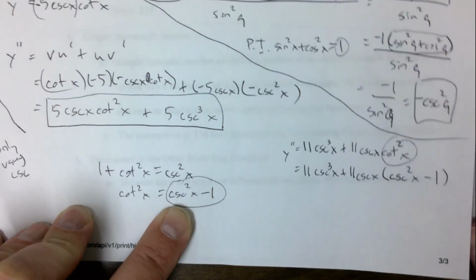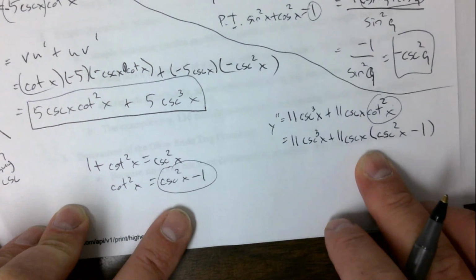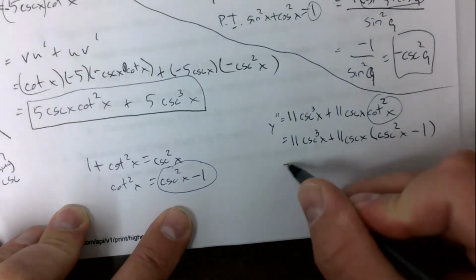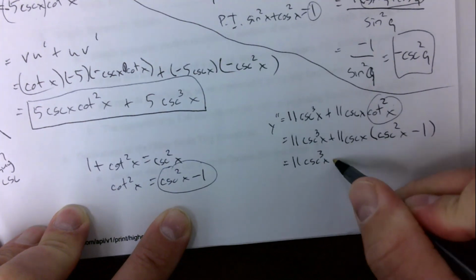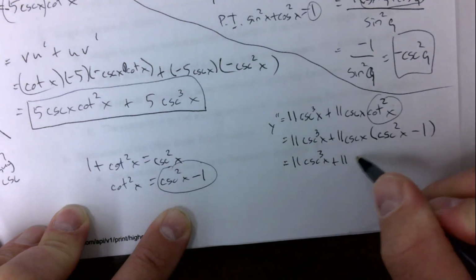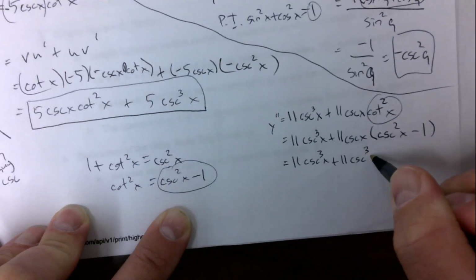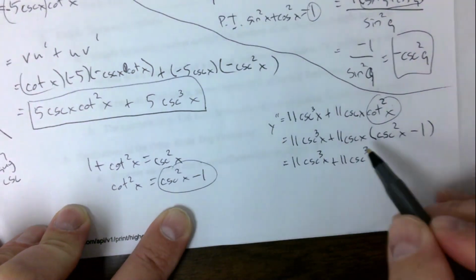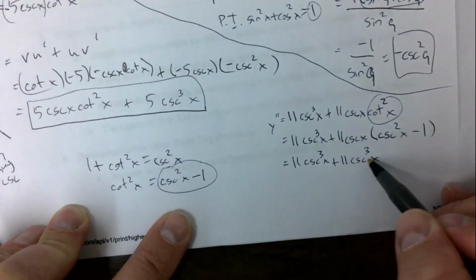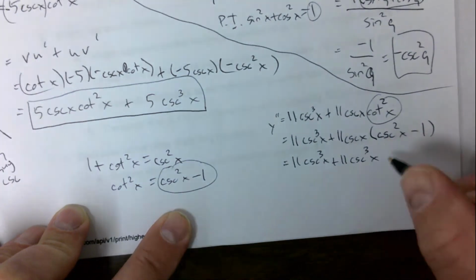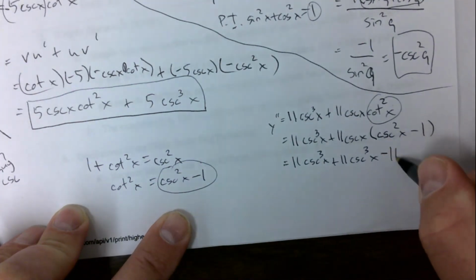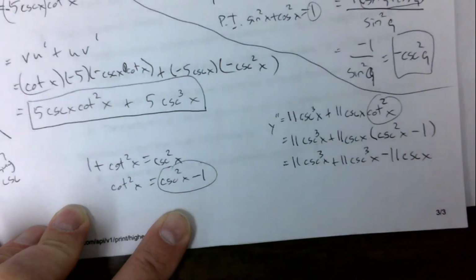Now from there, they want you to distribute. And so we have 11 cosecant cubed x plus 11 cosecant cubed x, because cosecant x times cosecant squared x is cosecant cubed x. And then you have to do negative 1 times this, so minus 11 cosecant x.